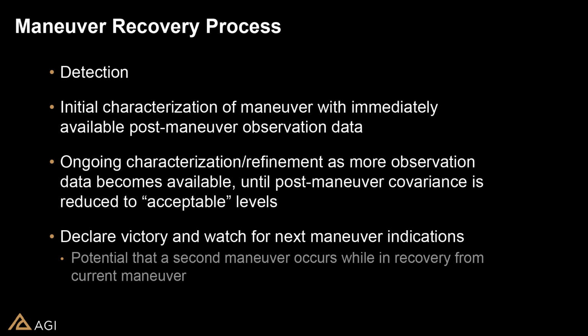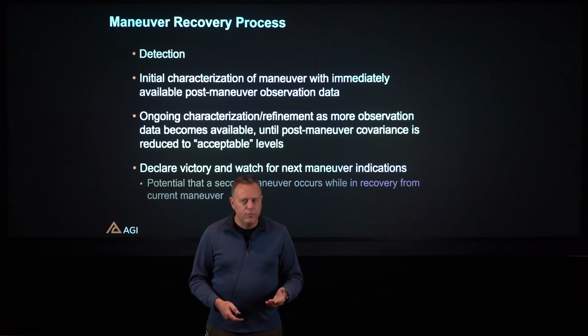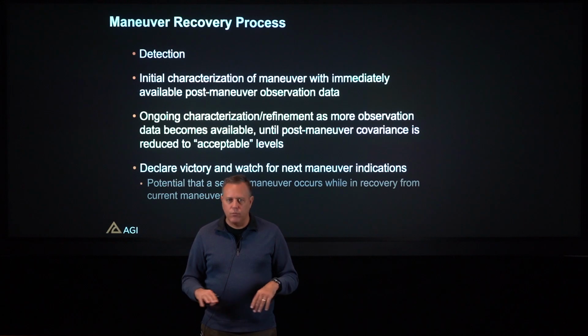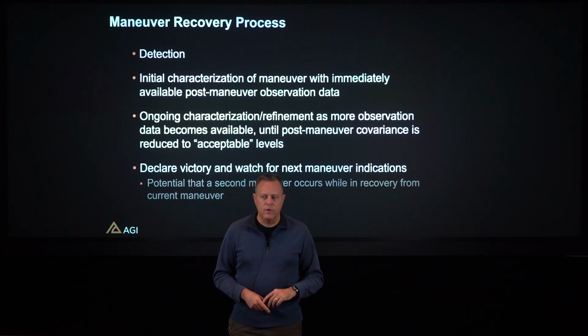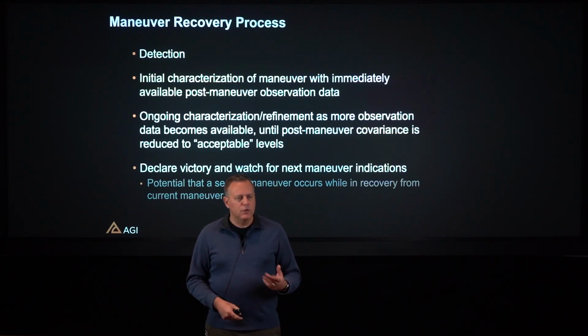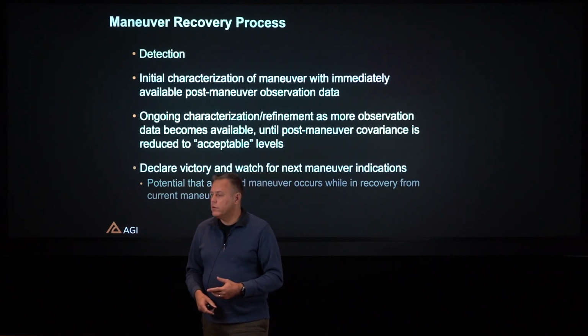And at some point, we'll declare that we've got a good enough answer, that additional data is not going to make a marginal improvement, and we'll declare victory and say we're done with this maneuver. We've got it figured out, and we're just going to now wait for the next maneuver. There is the potential, of course, that in the middle of this process, a second maneuver may occur.